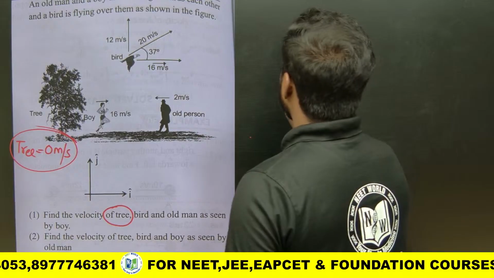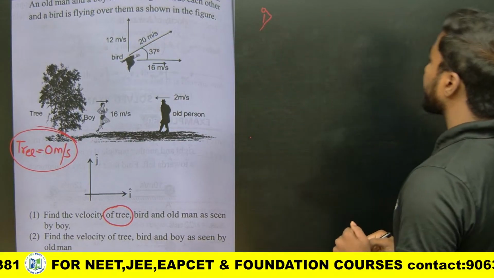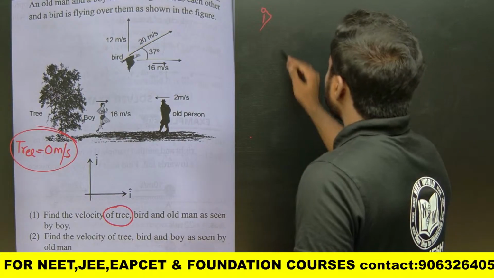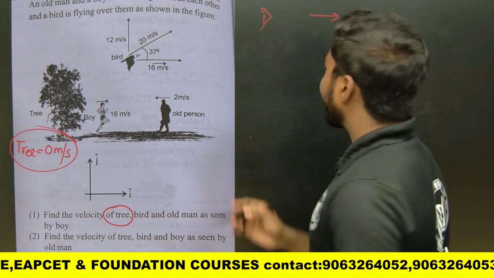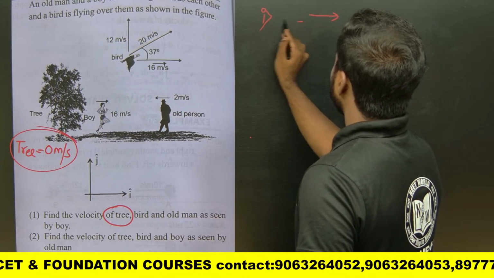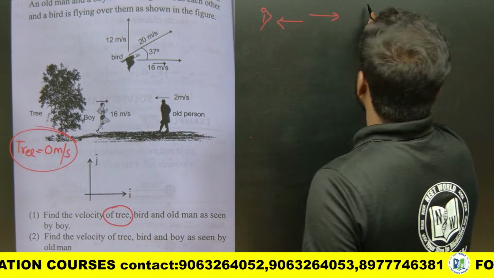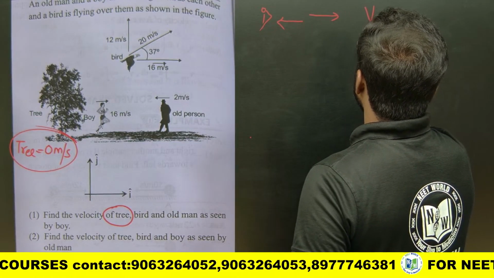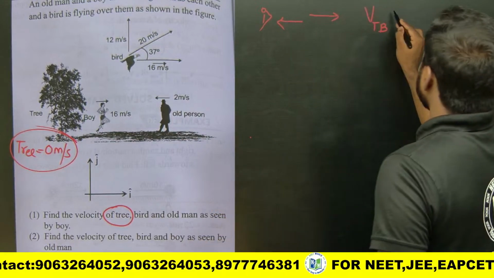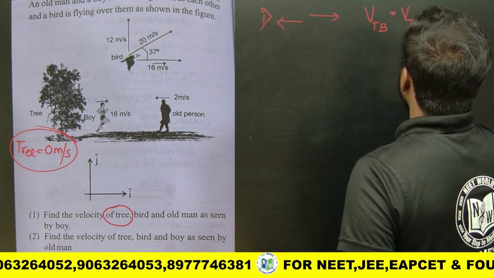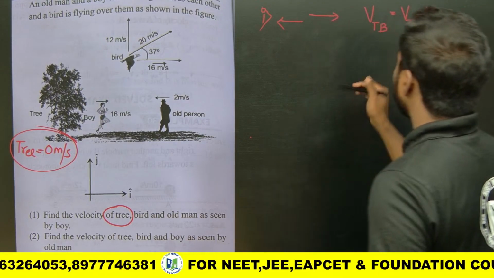That's the concept we are going to use in relative velocity. The boy is moving in this direction and the tree is going away from him. So the velocity of the tree with respect to the boy equals the velocity of the tree minus the velocity of the boy.